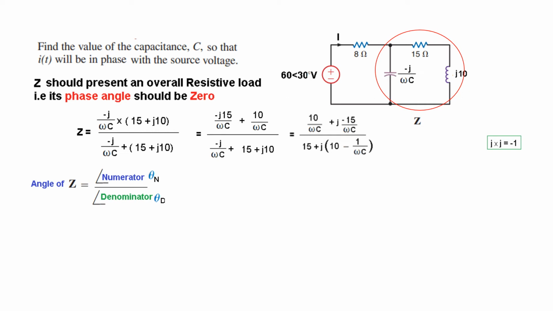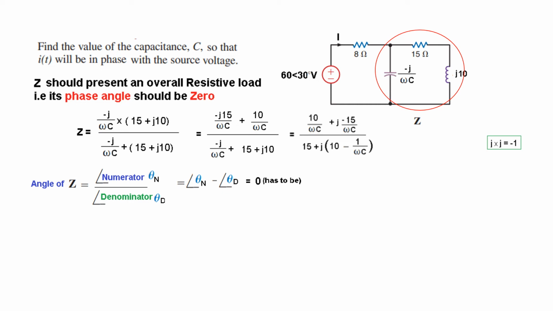Okay, now the interesting point. The angle of Z will be angle of this one divided by angle of the denominator. So angle of the numerator, we're calling it theta n, and divided by angle of the denominator. And we can write it in this form as well, because we know that the angle at the denominator goes at the top with the negative sign.